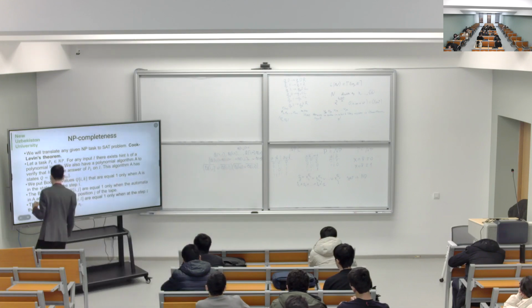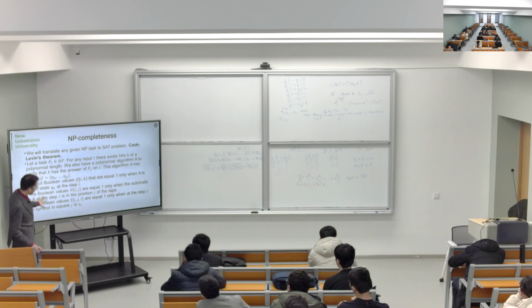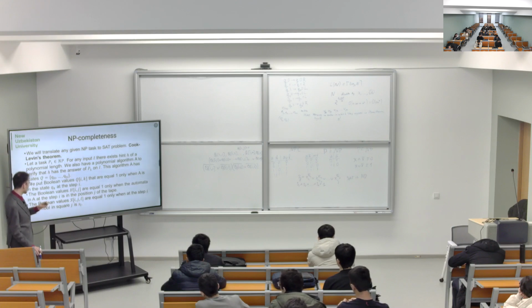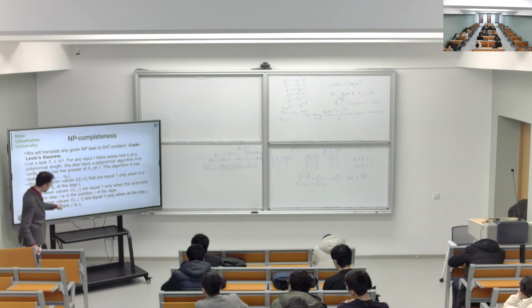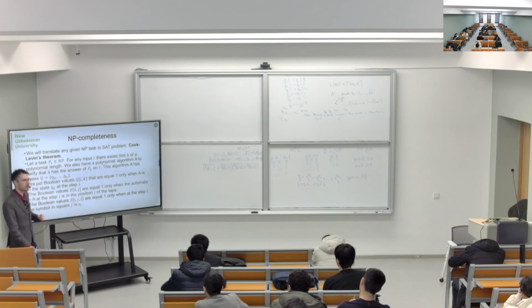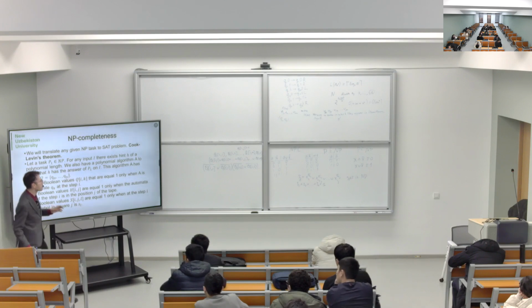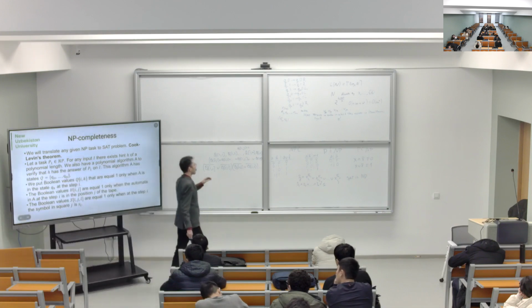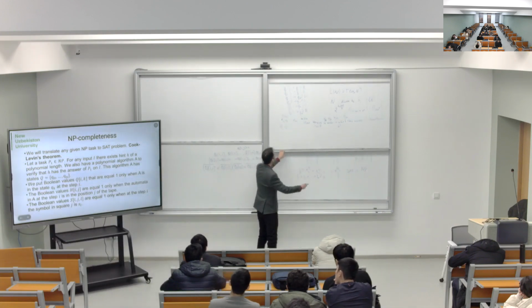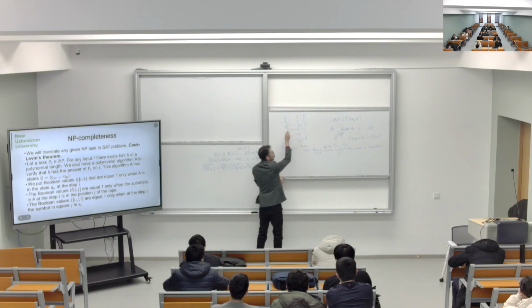Next, we have a more complicated thing, S_ijl. These values are equal to 1 only when at step i, the symbol in square j is symbol number s_l. So you remember we wrote here those things, yes?